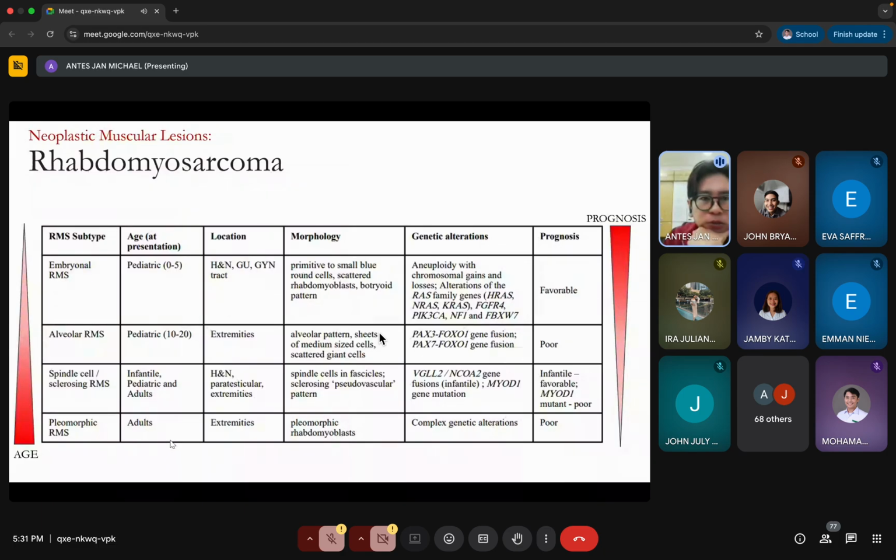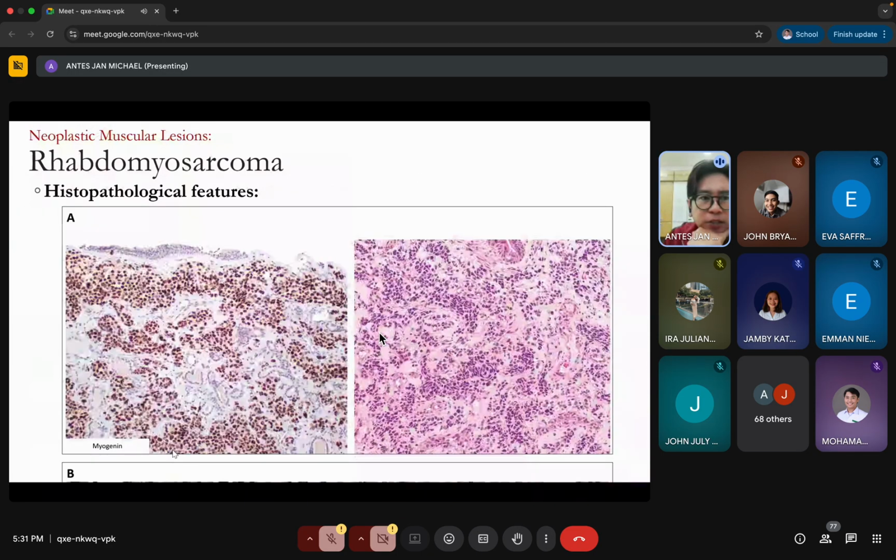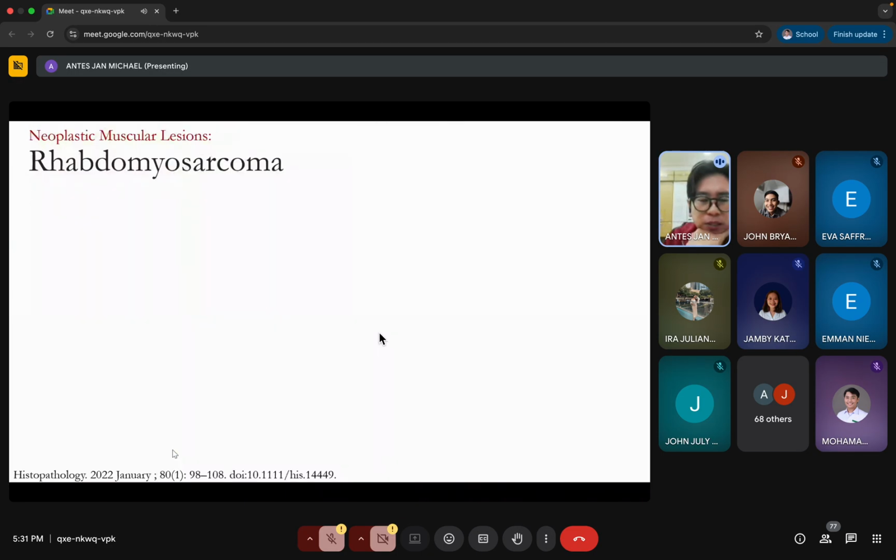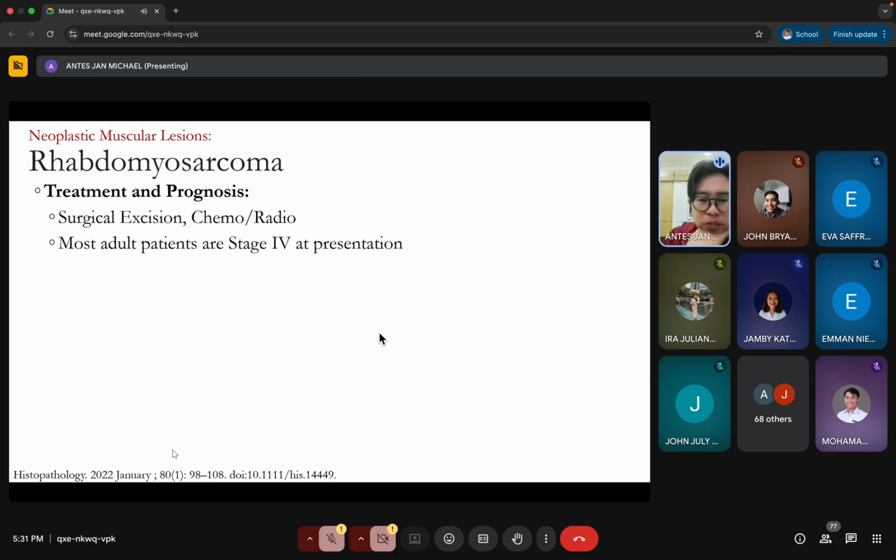Generally, rhabdomyosarcoma is a cancer, so patients should be referred to the chemo oncologist for chemo and radio. Most adult patients are stage 4 at presentation, so it's very difficult to gauge their prognosis.